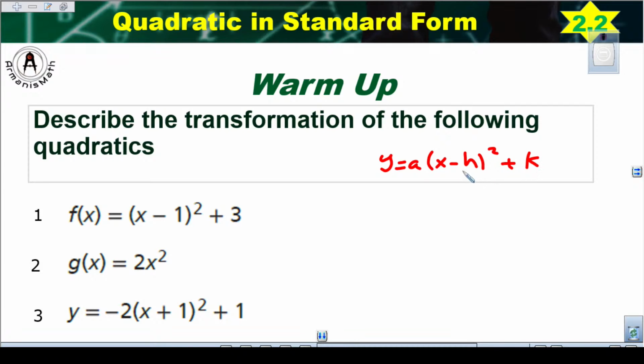So basically h and k are the point for your vertex. In this case, what they're asking is what happened to this parabola? Did it move up, down, left, or right?